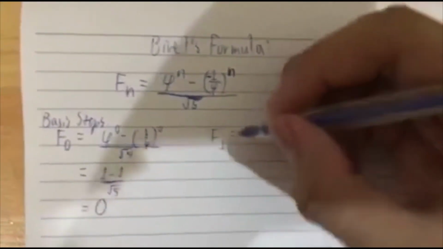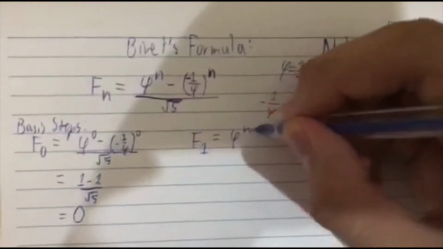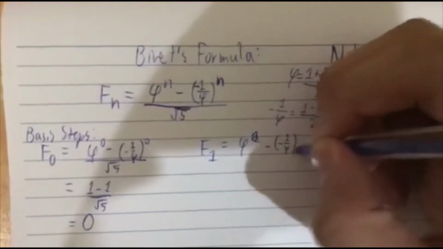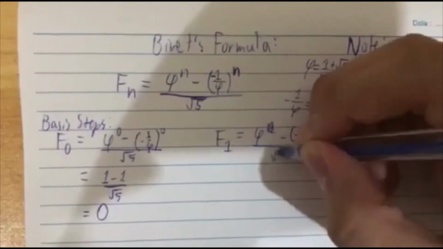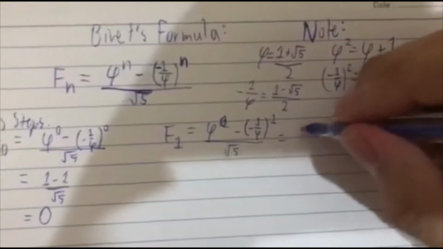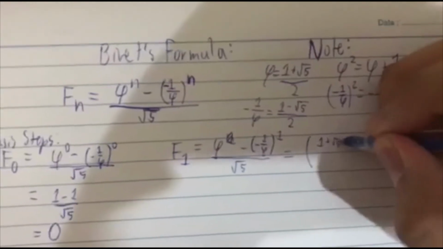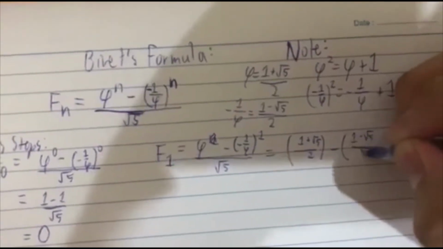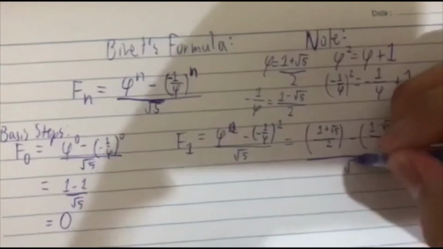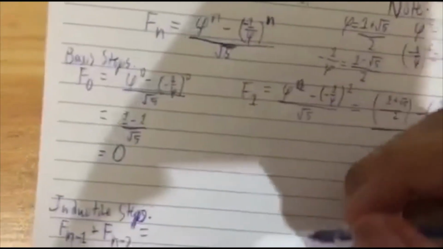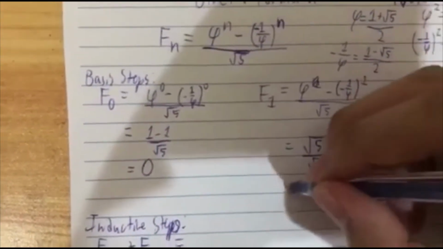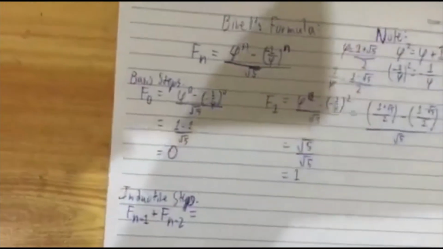Next, for f sub 1, we get which is equal to, which lastly simplifies to 1, which is in fact f of 1. Next, we move on to the inductive step.